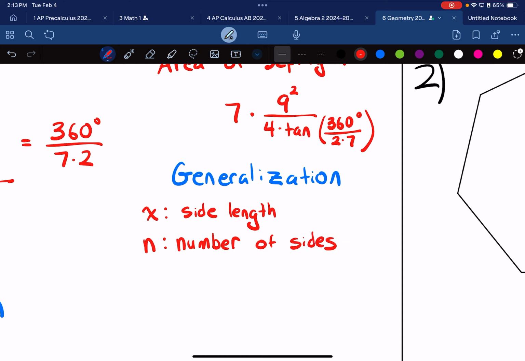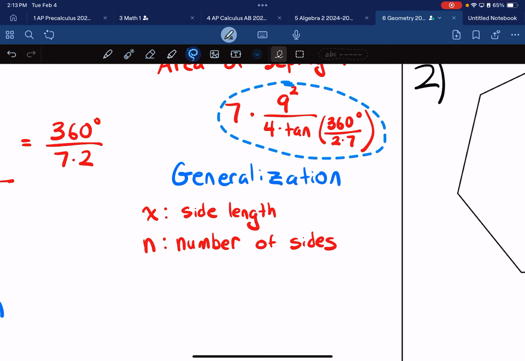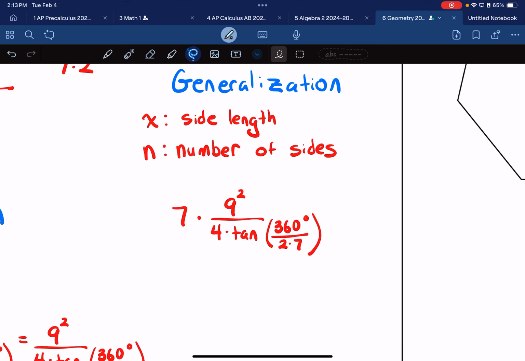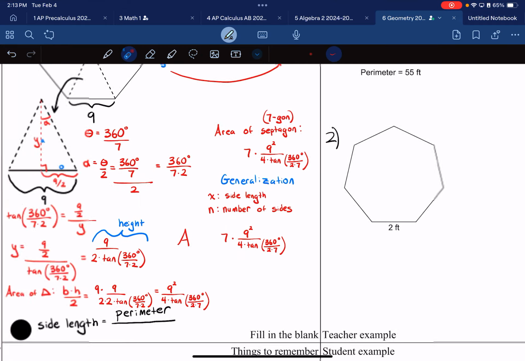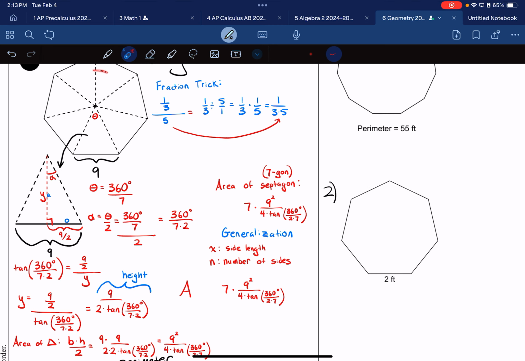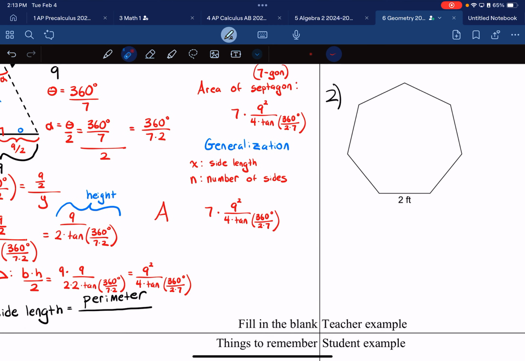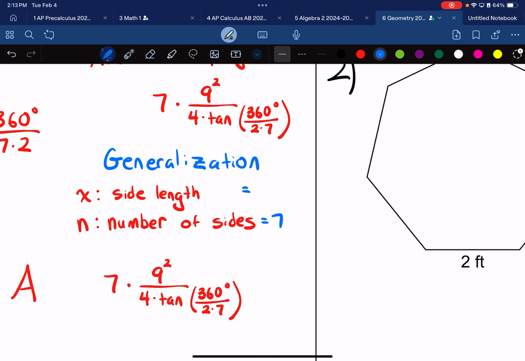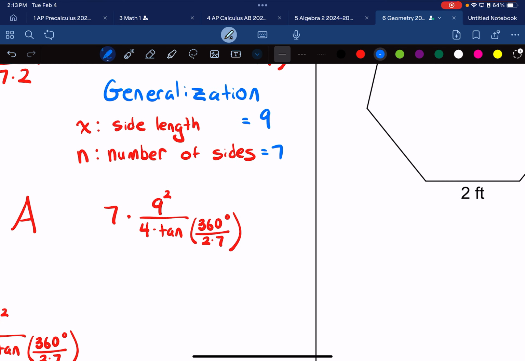And then I just need to swap out all of this equation up here, which I'm going to go ahead and copy paste and send it down here. So here's our final formula. But in the place of 7, remember, we were dealing with a septagon, meaning 7 is the number of sides. So in this case, our number of sides, I'm going to go ahead and replace this. This is supposed to be equal to 7, and the side length here, that in our equation was equal to 9. So all of the 9s change into an x.